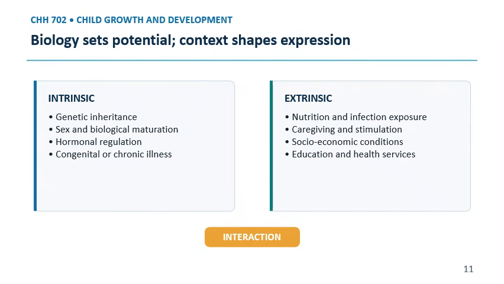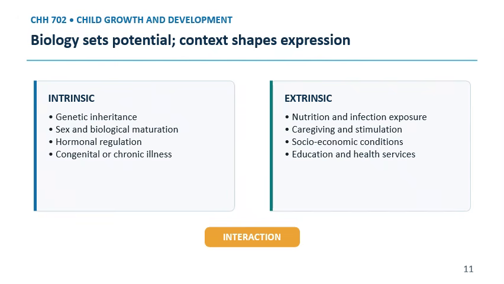For example, a child with congenital heart disease has an intrinsic health condition that may affect feeding and growth. The outcome will also depend on diagnosis, access to specialist care, family resources, infection prevention, and nutritional support. The same intrinsic condition may therefore produce different trajectories in different environments.